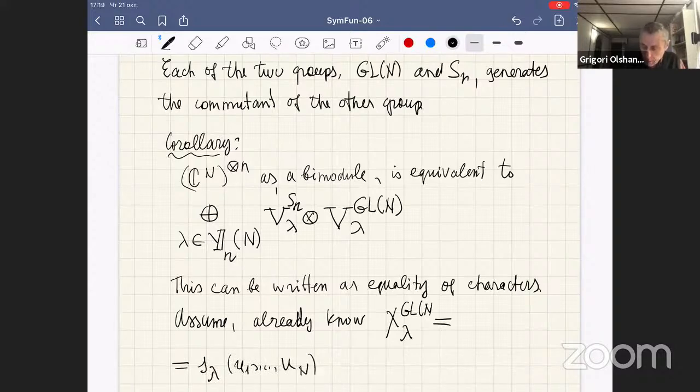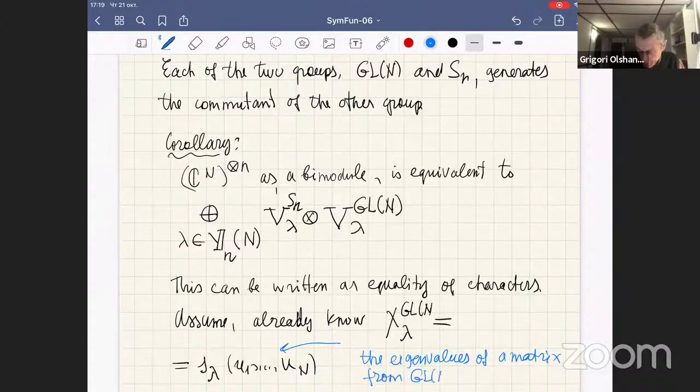And here these are the eigenvalues of a matrix from GLN.